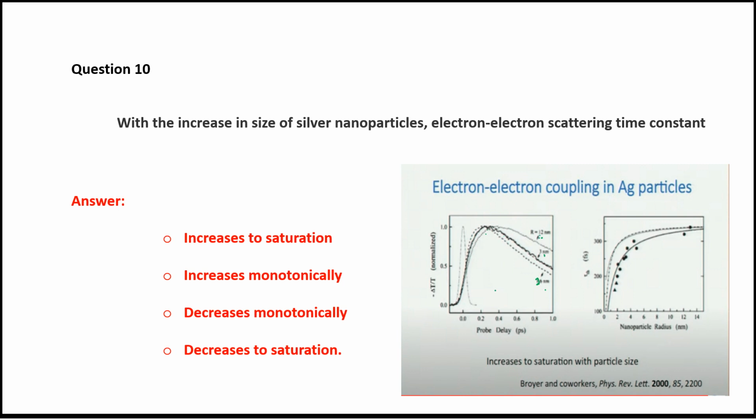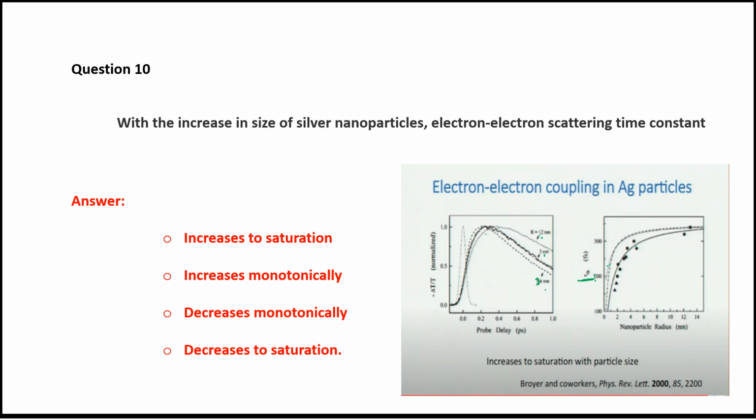Now in this particular experiment, what is changing is the particle size. They have recorded it for the lifetime studies. How is it changing? Here they have increased the nanoparticle radius, and they have related it with the tau of electron scattering.